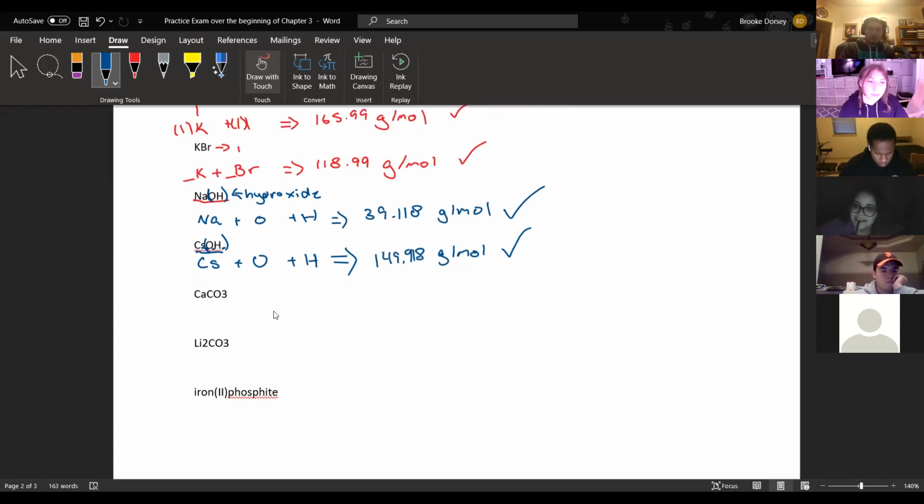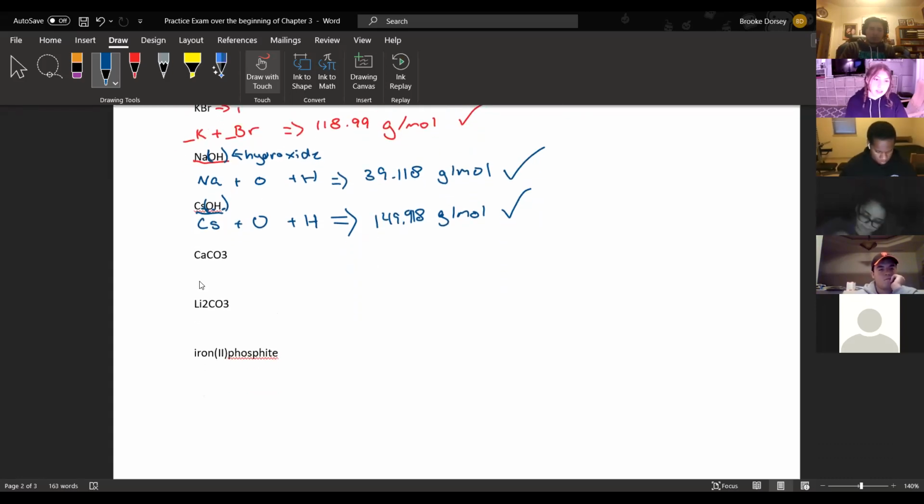All right. Moving on. What do we call this? Calcium carbonate. Awesome. Y'all can see the carbonate in there. And we get this by adding calcium plus carbon plus oxygen. Do we have to multiply these by anything?